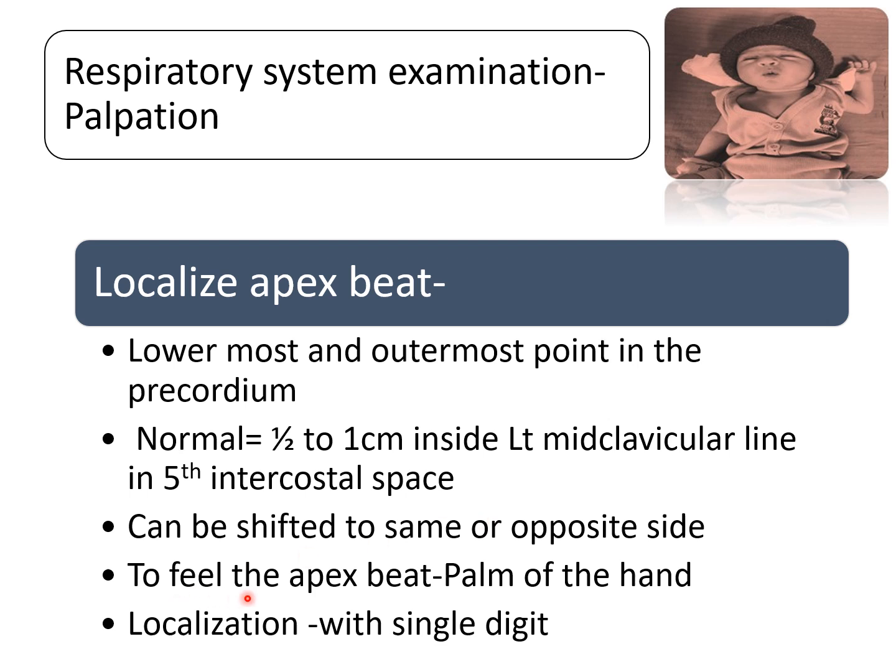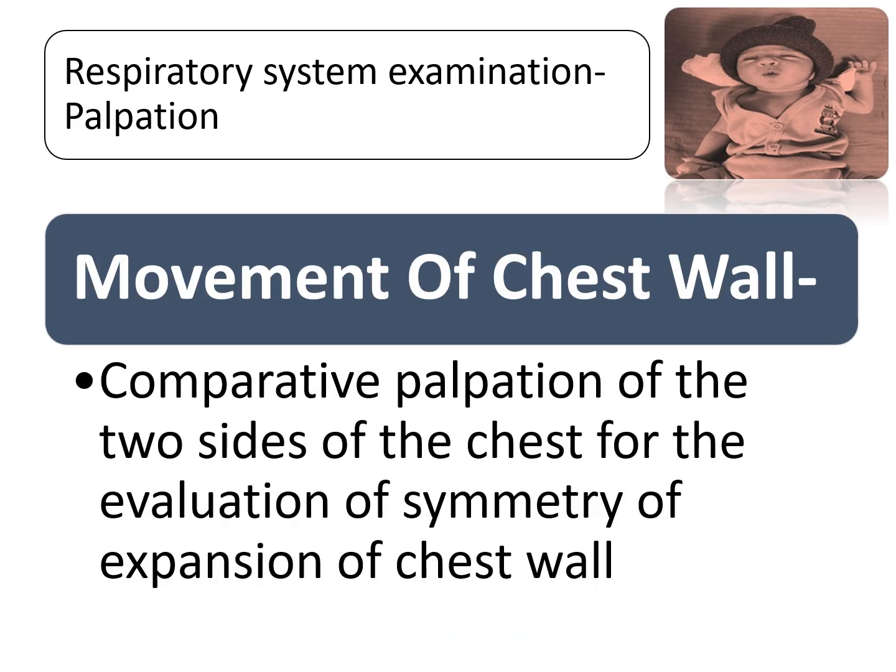We should use the palm of the hand to feel the apex beat, and localization of the apex beat should be done with a single digit. For the movements of the chest wall, comparative palpation of the two sides of the chest for evaluation of the symmetry of expansion of the chest wall should be done. So we should use both hands. I have already explained how to palpate the chest for the movements in one of my videos on respiratory system examination.